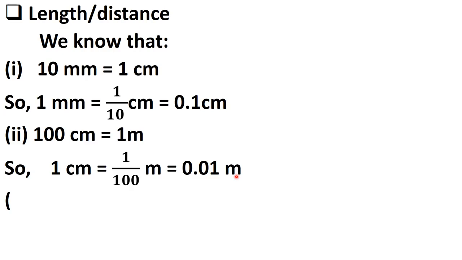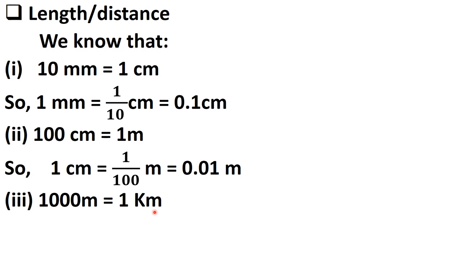Okay. Now we will convert meter into kilometer. See, we are moving towards greater unit. From millimeter and centimeter, centimeter is greater. From centimeter and meter, meter is greater. From meter and kilometer, kilometer is greater.